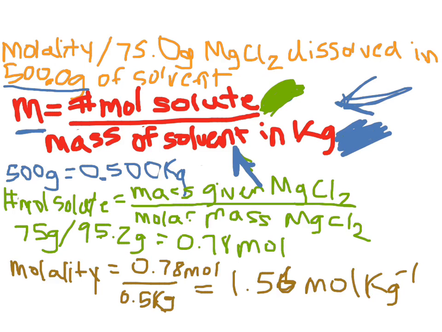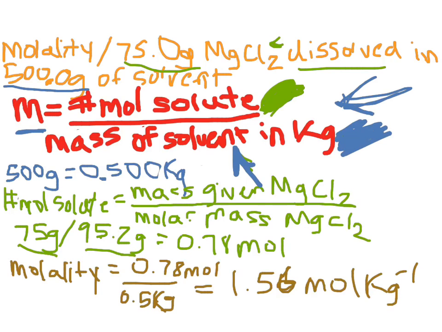Now, the solute is what you're putting in, which is the MgCl2, because it says you're dissolving it. So that's what's being put in. So you take the mass that you're given, which is 75.0 grams, right here. Then you take the molar mass, which is around 95.2, and you get around 0.78 moles.